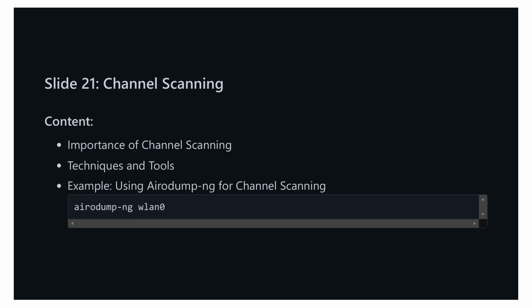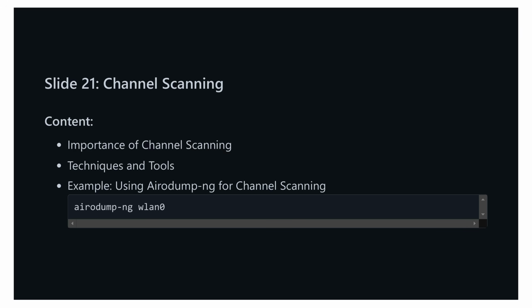Firstly, let's discuss the importance of channel scanning. Understanding which channels are crowded can help in reducing interference by selecting the least occupied channels for your network. This can significantly improve the stability and performance of your wireless connection.